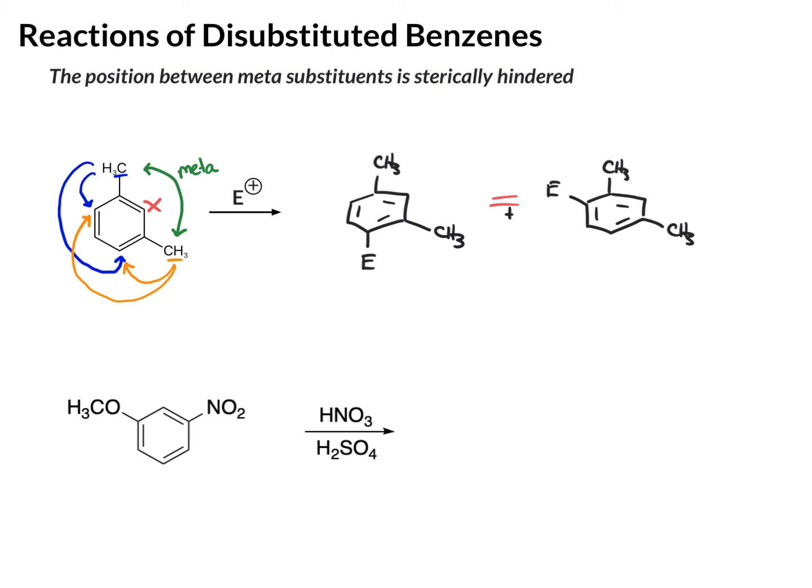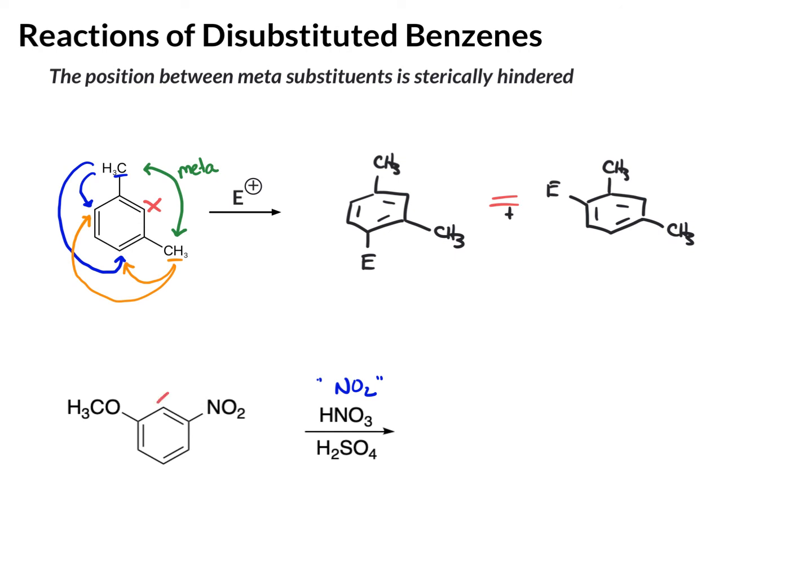Let's move down to this next example where we're doing a nitration. So in the nitration, we're adding an NO2 to the ring. And with this, what we can first look at is the fact that the methoxy group and the nitro that are on the ring are meta to one another.